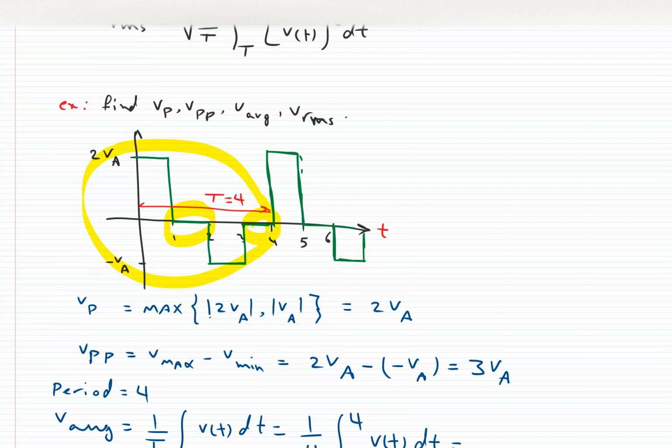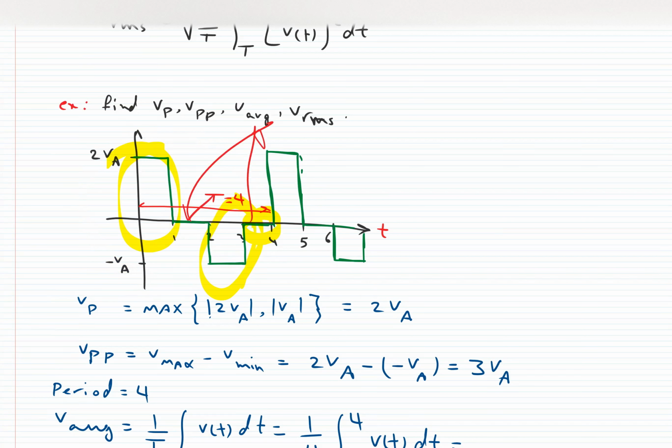So we need to write two integrals, one integral from 0 to 1 for this part of the signal, and another integral from 2 to 3 for this part of the signal. Of course, for the regions 1 to 2 and 3 to 4, we don't need to write any integral as the signal value is equal to 0.